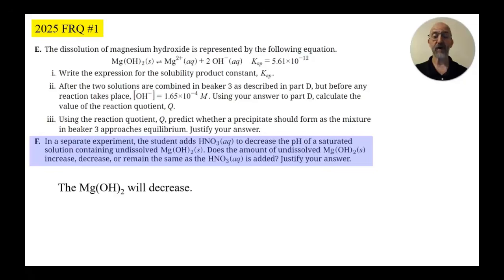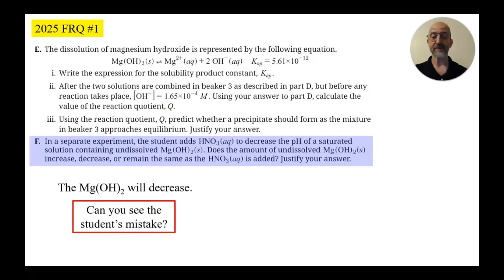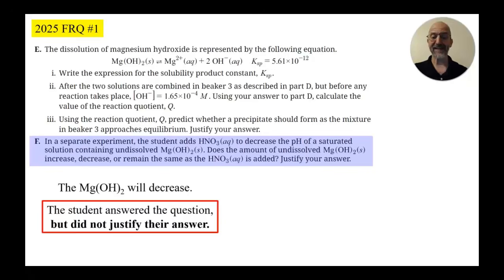The amount of undissolved magnesium hydroxide will decrease, but let's see what they said. They didn't say anything. So the student answered the question but did not justify their answer. So please make sure that you don't just say increase, decrease, or whatever, and then stop. Make sure that you justify your answer. You're not going to get a point for simply guessing increase, decrease, remain the same. So that's why they didn't earn the point.